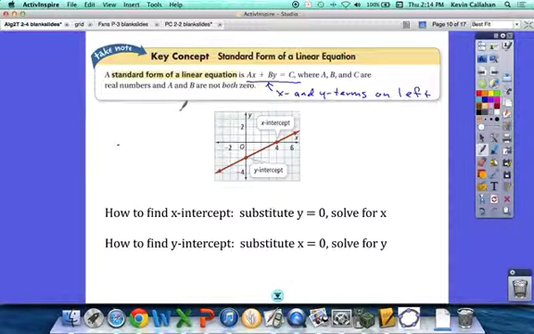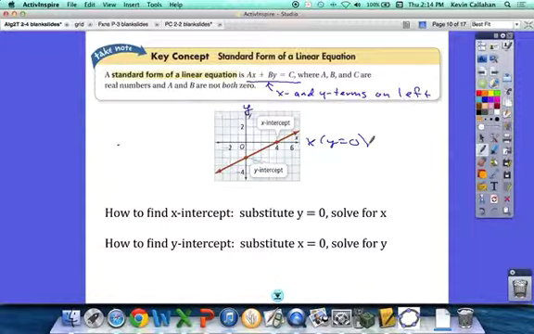Maybe it's better named the x-axis intercept, right? It's where it crosses this line. And the y-intercept is the y-axis intercept. Where does it cross that line? The key to finding these is that on the x-axis, because it's vertically right in the middle, it's not above, it's not below, everywhere on the x-axis, y equals 0.